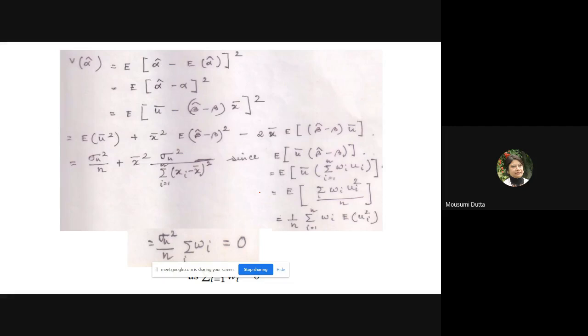So first put the value of variance of alpha hat, or how we estimate alpha hat. Okay, so you do all these steps and after that we will have a break and then I'll go for showing this is the minimum variance.